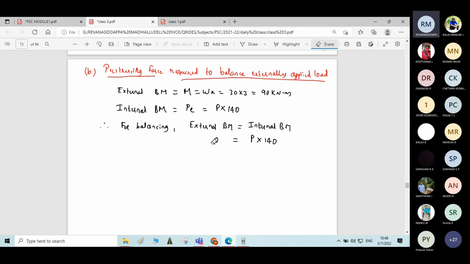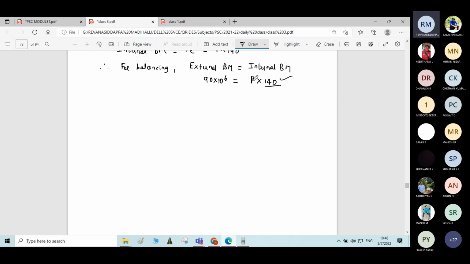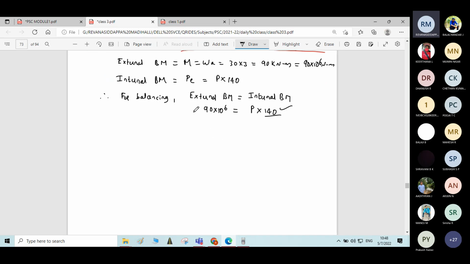So we must substitute this external bending moment in terms of Newton millimeter, so that is where it went wrong. 90 into 10 power 6 Newton millimeter. So that we will get the answer P in terms of Newton. Because this 140 is in terms of millimeter, let me substitute 90 into 10 power 6. Now you will get the force P in terms of Newton.